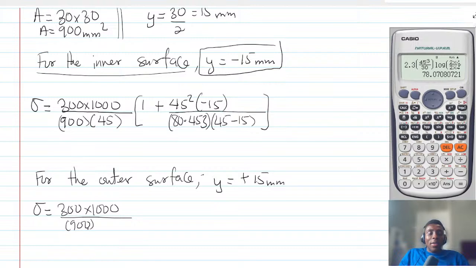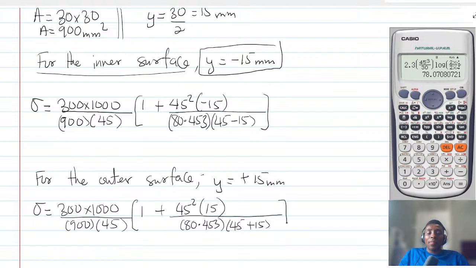So 900 multiplied by 45, 1 plus 45 squared. But this time around, instead of minus, it becomes positive. Then you divide this part by 80.453, 45 plus 15. So what are you going to get?